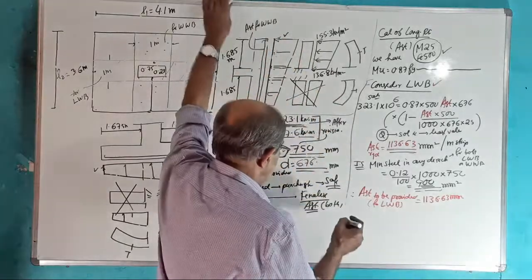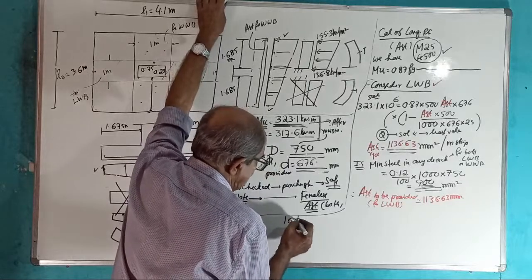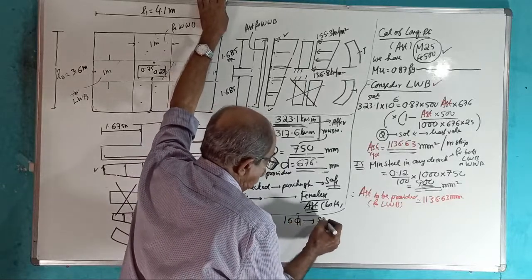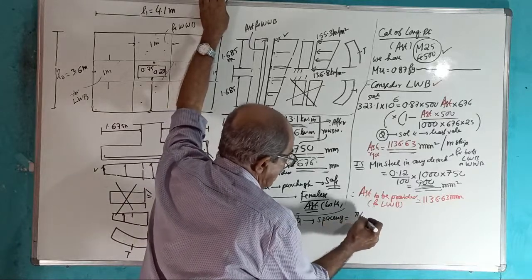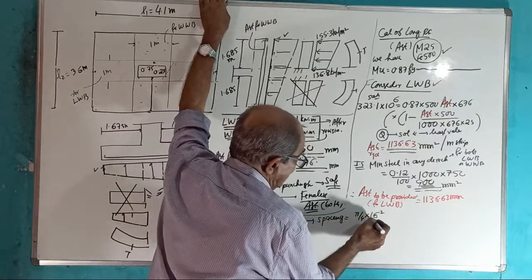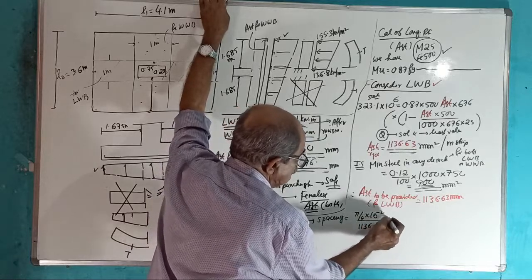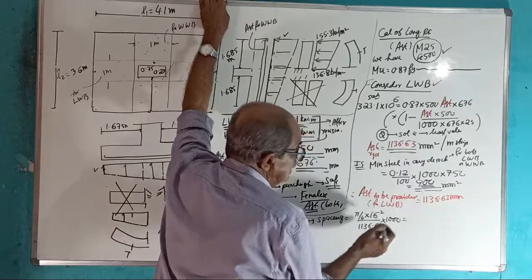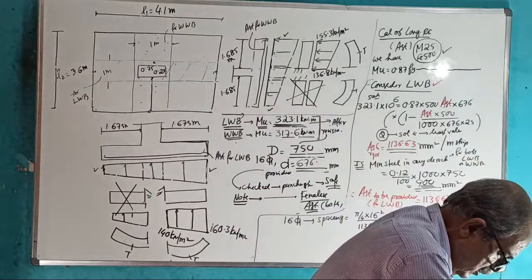Okay, now I will continue here. We have taken 16 torr. With 16 torr, what is the spacing? Spacing equals pi by 4 of 16 square divided by 1136.63, into 1000. This will give spacing for 16 torr. What is the answer?